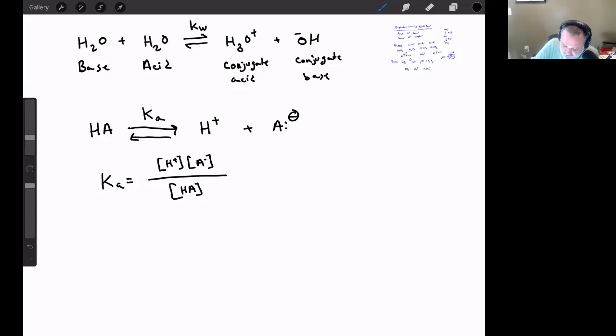The range of Kas for acids starts on the high end at around 10 to the 9th, 10 to the 10th, and on the low end it's like 10 to the negative 50th. One of the things that I try to point out to my students is that this is 60 orders of magnitude.